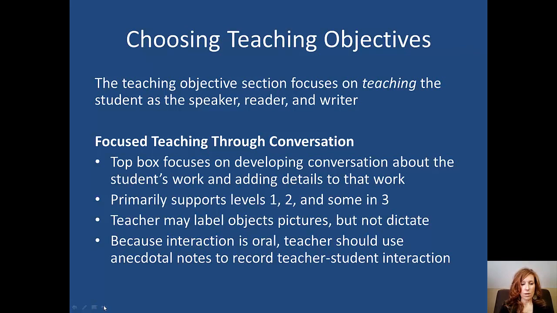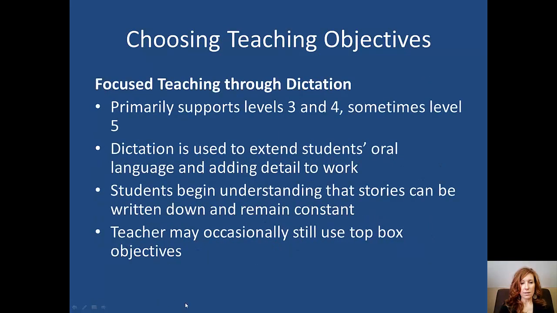In the next stage, you're looking at supporting students in level 3 and 4, maybe even sometimes 5, teaching them to add the detail to their work, but also to begin to extend their story, the oral language element. The teacher will begin dictating in this stage.